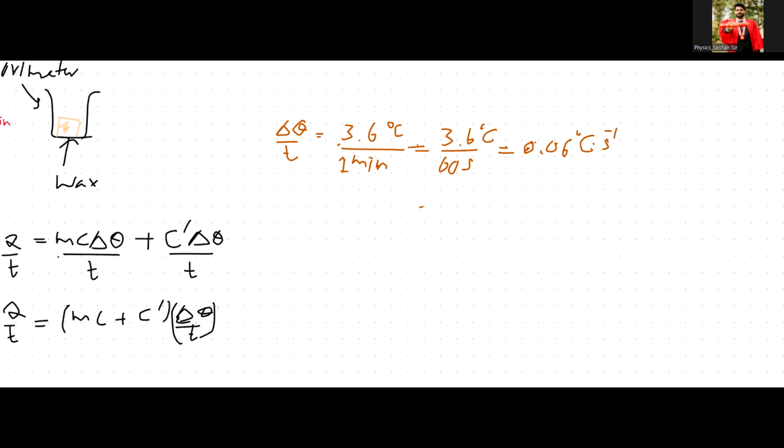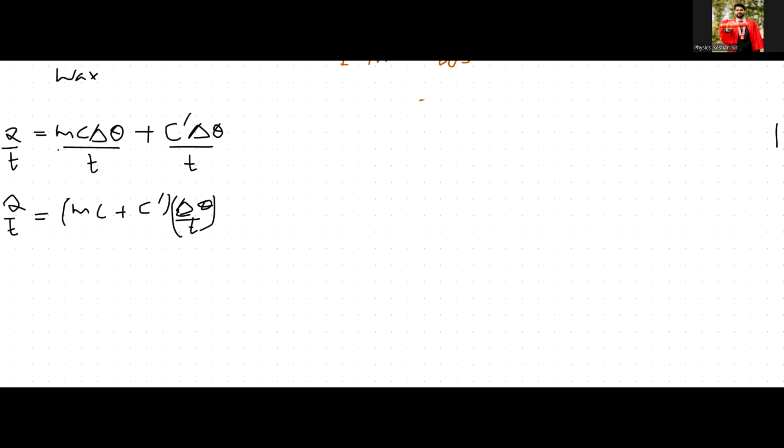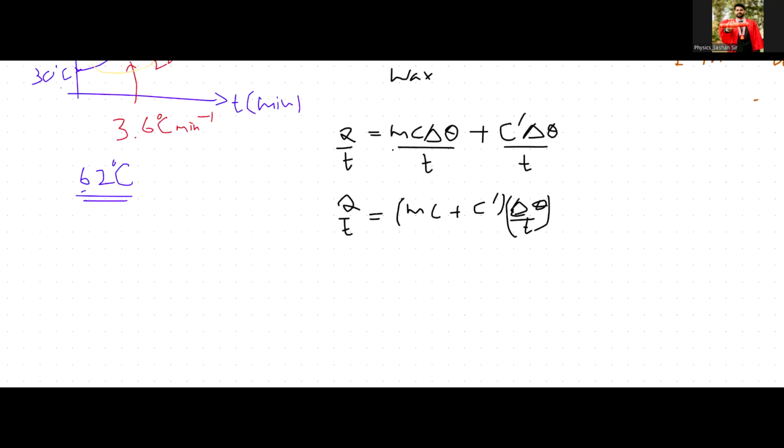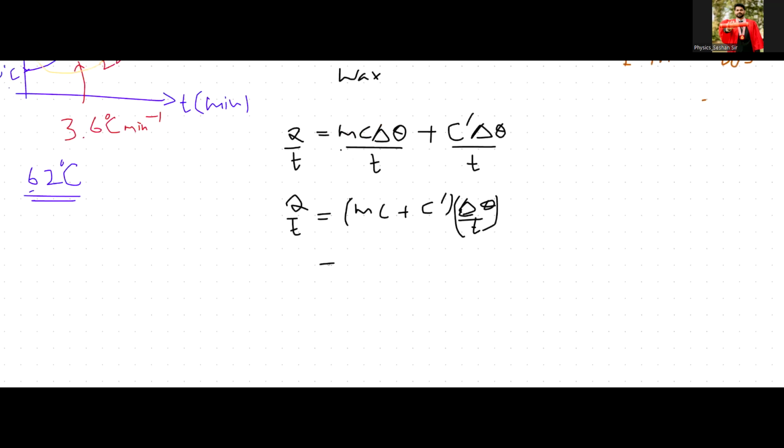So now what can we do? I have to just substitute the values. Okay. Now what are the values for this one? The mass of the wax is 100 gram, which means 0.1.